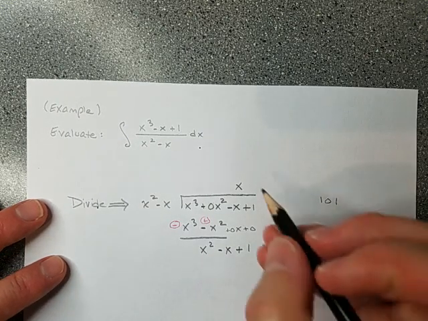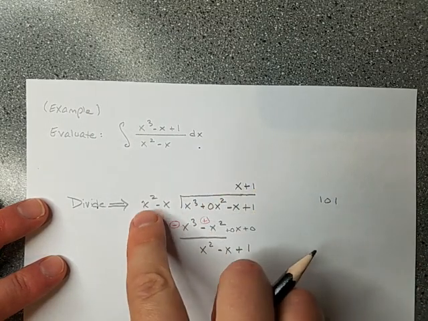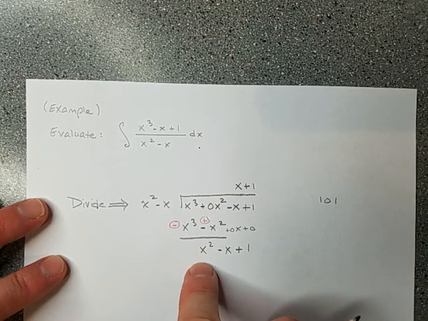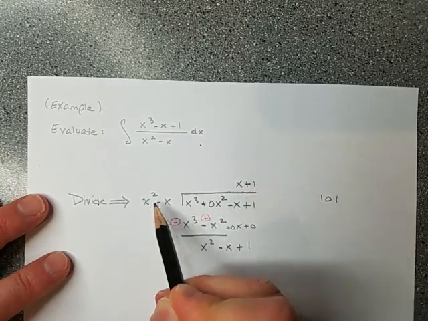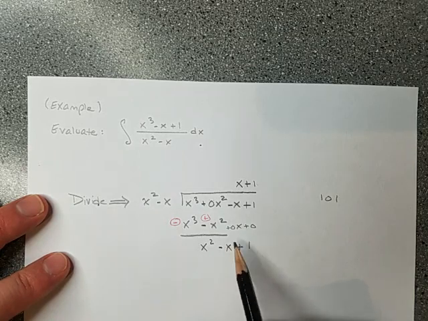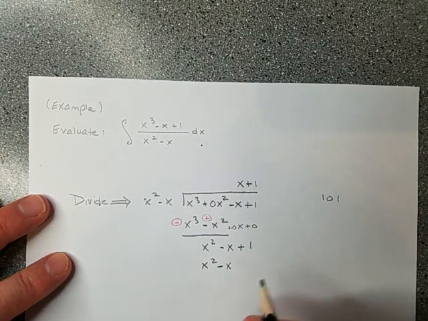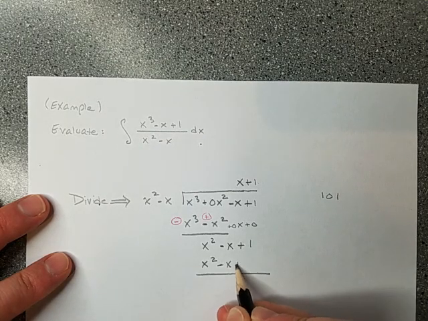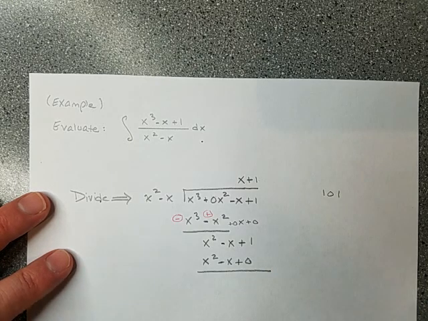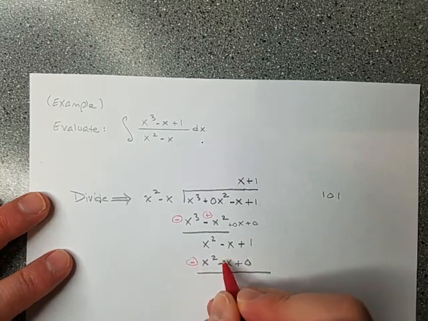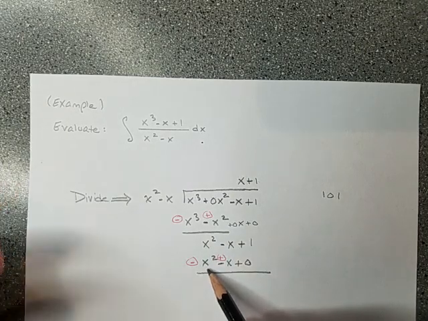Now we continue, and we'll say plus 1. Why do I choose a 1 now? What's 1 times x squared minus x? It's x squared. It'll match that. That's the objective, to choose, multiply, and match the leading term here. So I'll get x squared minus x if I do that. And I guess plus 0 if you want. Okay. All right. So then I subtract, which amounts to subtraction and addition. And x squared minus x squared, nothing.